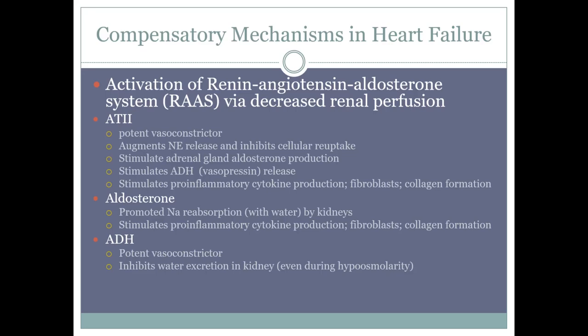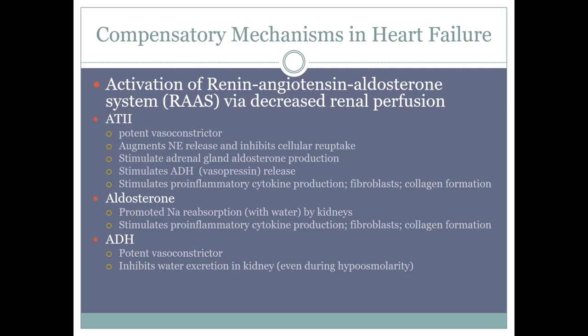It's also an indirect stimulus for more vasopressin release to promote more water reabsorption from the kidney. And angiotensin 2 and aldosterone also influence pro-inflammatory cytokine production, as well as fibroblasts and collagen formation, which are important from a cardiac remodeling standpoint, the long-term effects of these initial beneficial compensatory mechanisms.